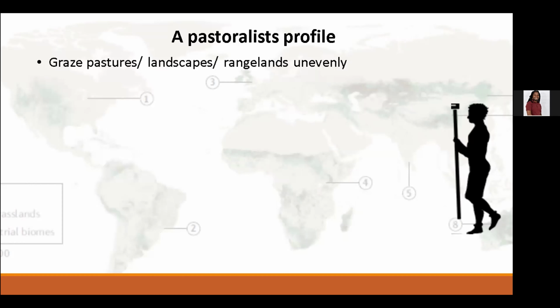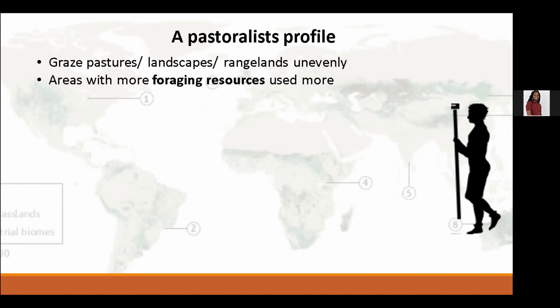So one way to think about pastoralists as agents of change is that we have to profile them and think about what they actually do. So one of the things is that they don't use the landscapes evenly. Some areas are much preferred over others.